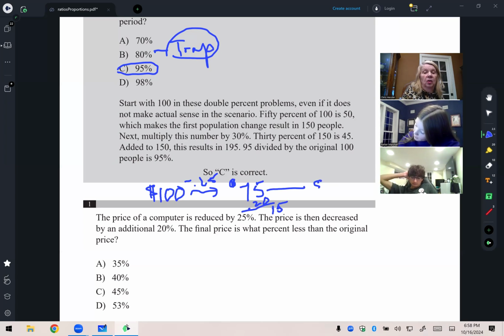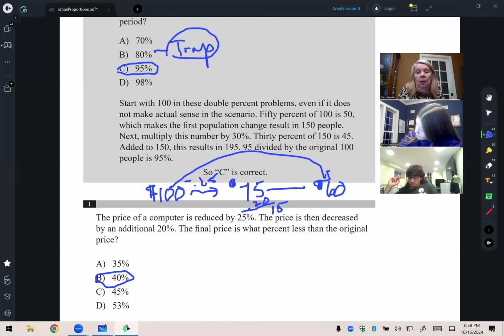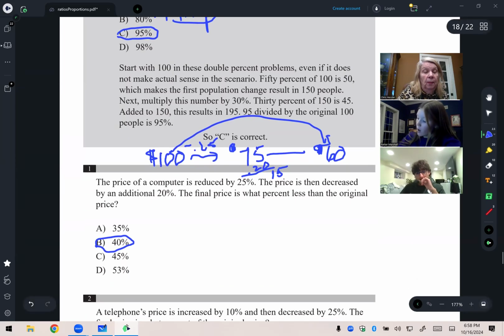And so the computer goes down to 60. So from 100 to 60, it went down 40%. Does that sort of make sense? Good. We're picking 100 just because it makes the whole problem easy on test day.